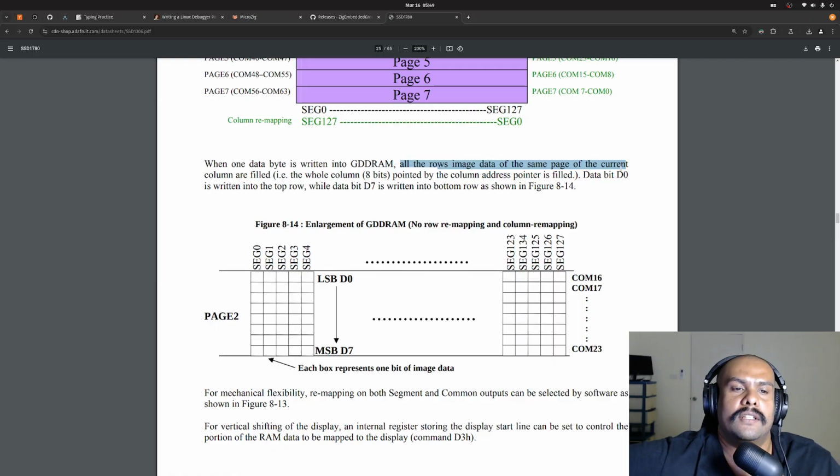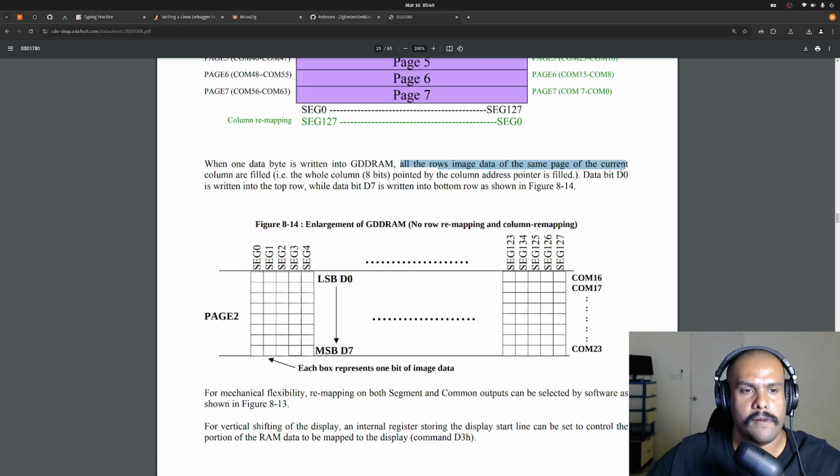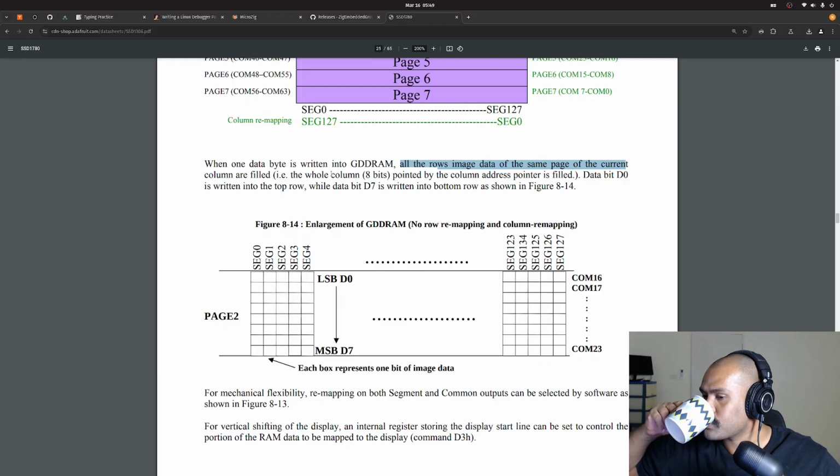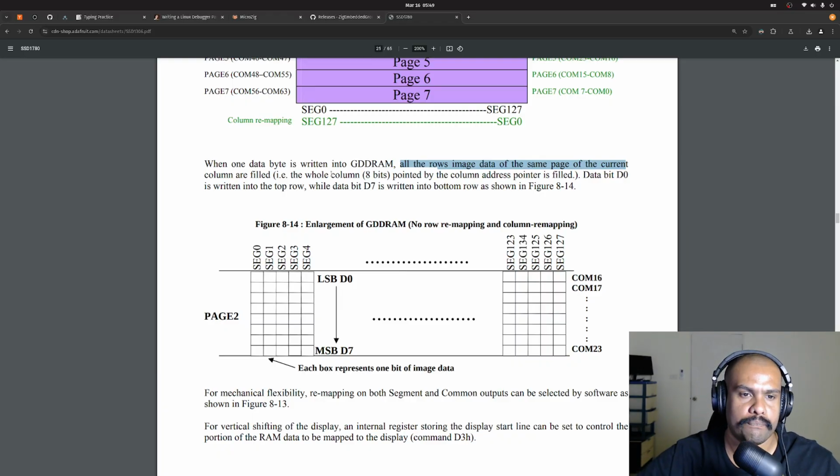What does that mean? Sorry. When 1 data byte is written, all the rows image data of the same page of the current column are filled, i.e. the whole column, 8 bits pointed by the address pointer is filled.